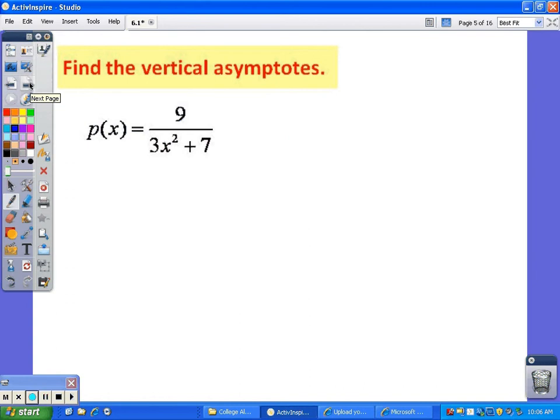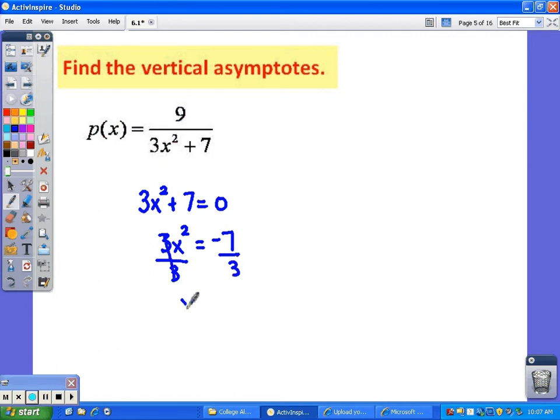Alright, now one more. 9 over 3x squared plus 7. 3x squared plus 7 cannot factor. So if we take that denominator and set it equal to 0 and have to solve this, noticing that it's quadratic, that tells me I'm going to have to use one of my other methods. I'm going to use the something squared equal to a number method by subtracting 7 and dividing by 3 to get the x squared by itself.